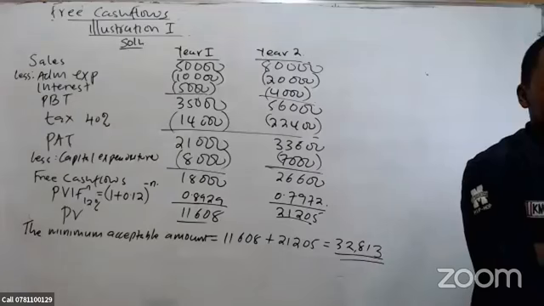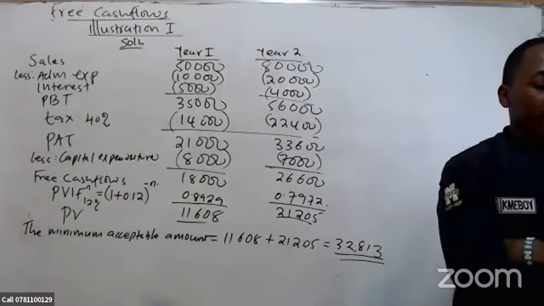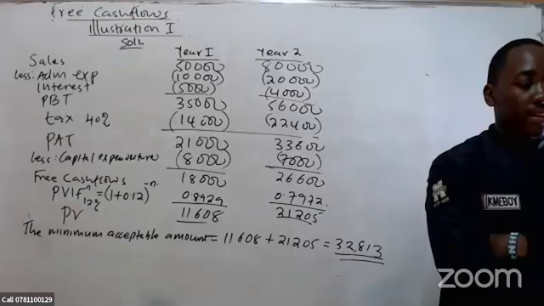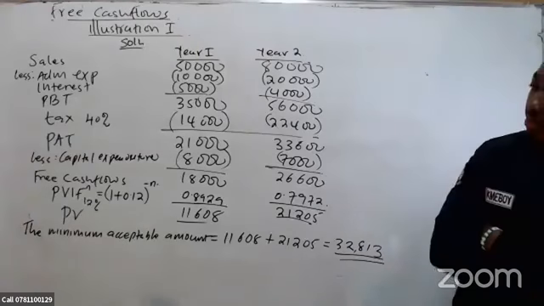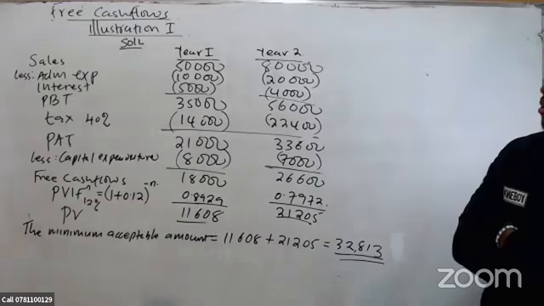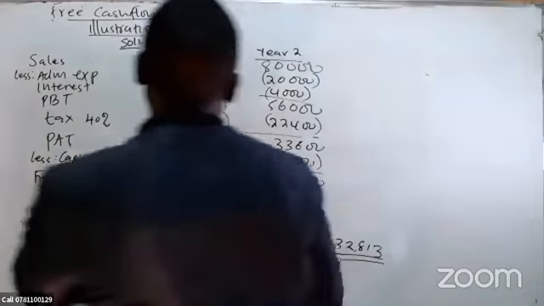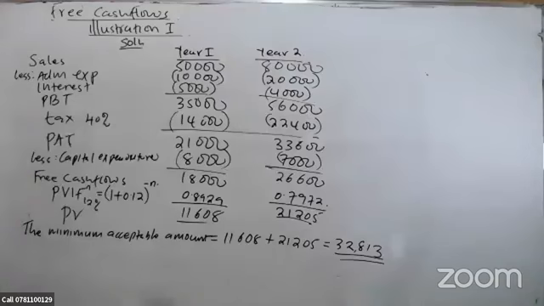Kate, any question? A comment. We got a wrong value for the free cash flows in year one. Sorry? We got a wrong value for free cash flow year one. Okay, actually, yeah. 21 minus 8, 18, not 18.